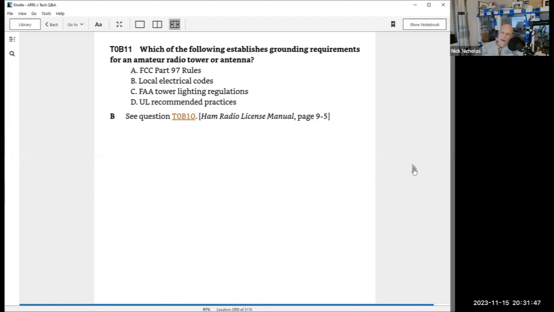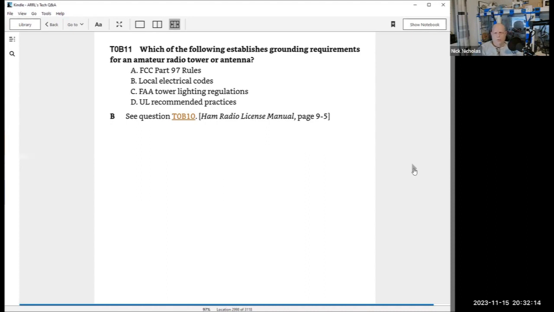Local codes might have some influence over it, okay, but grounding requirements, I don't really like that answer. All right, their answer is B, the local electrical codes. That's the right answer. I'm sorry, I misread that. No wonder I thought it was wrong.